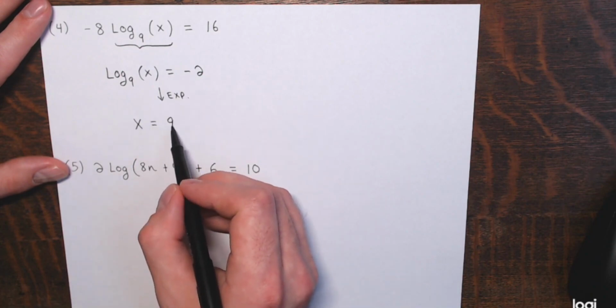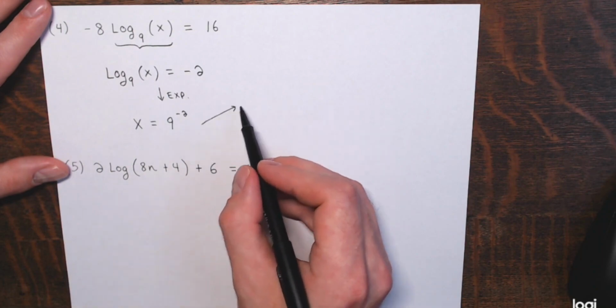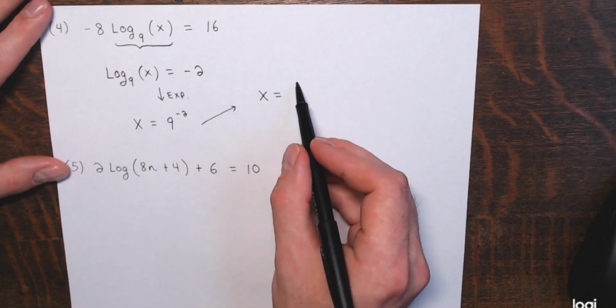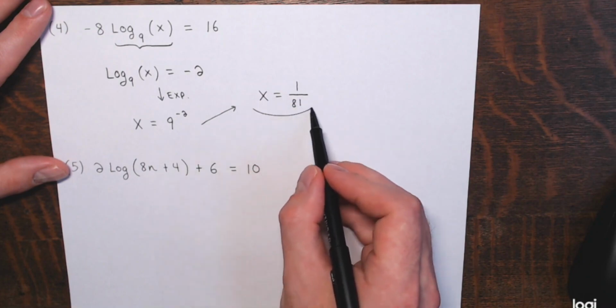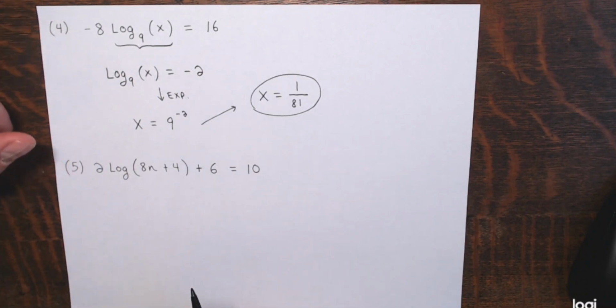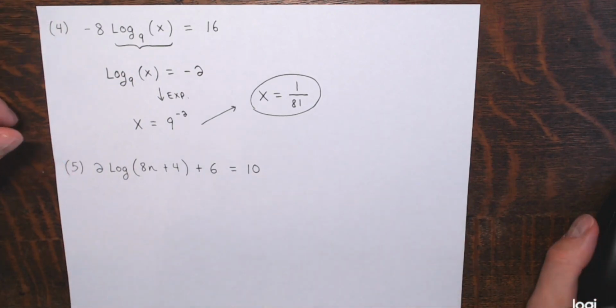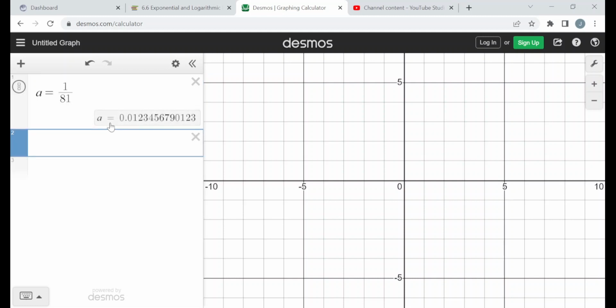9 to the negative 2 power. But remember what 9 to the negative 2 power is. That's just 1 over 81, 1 over 9 squared. And here we go. There's our solution. 1/81st, 1 over 9 squared. And let me once again test this out. Why not? So back here again, I'm going to call this thing I plug into the equation A in the calculator. 1 over 81 is this number, 0.012345679.